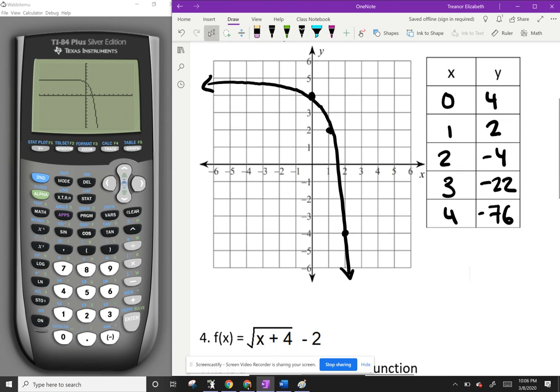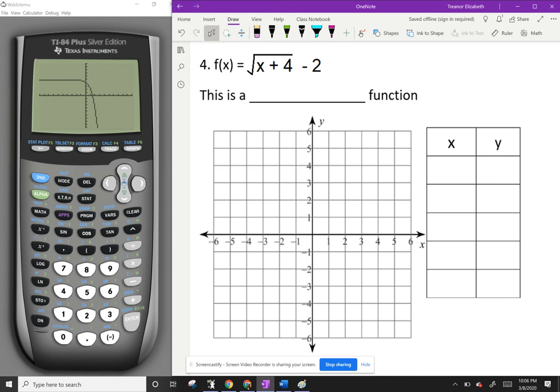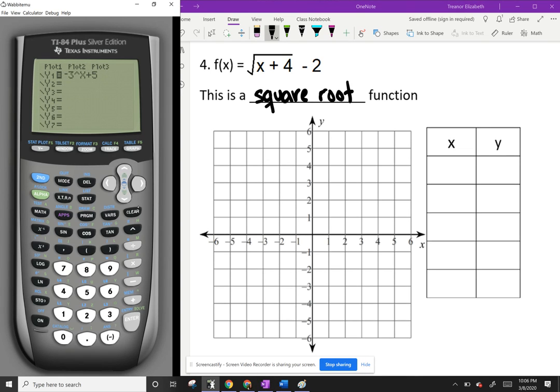Okay, let's go on to the next function. So based on the symbol you see here, you should probably be able to tell that this is a square root function. So you're going to go back to your calculator, press y equals, and now we actually have to put this symbol in our calculator.